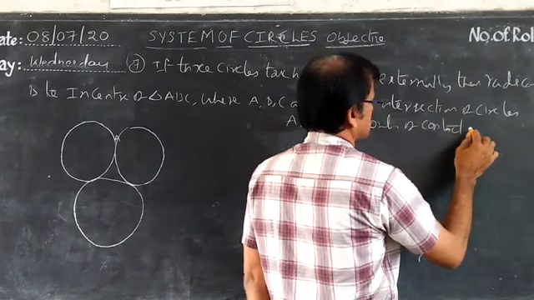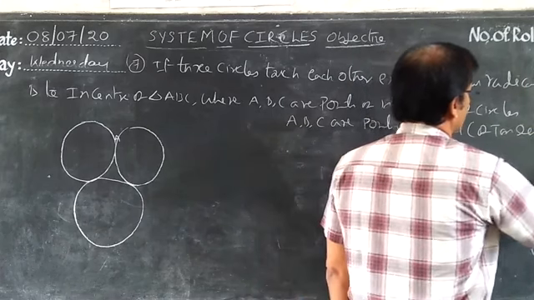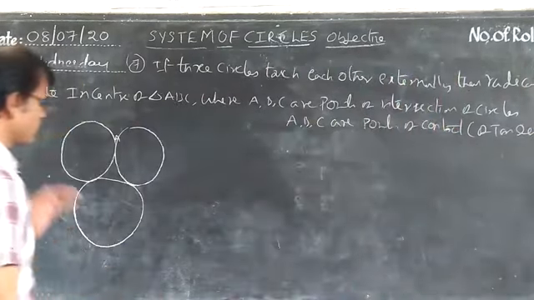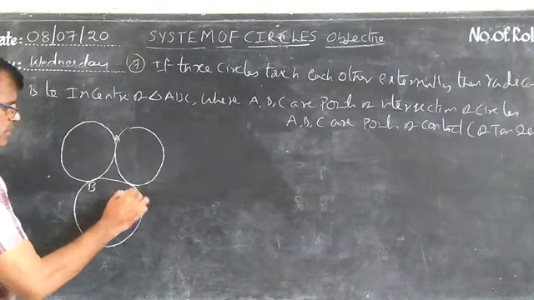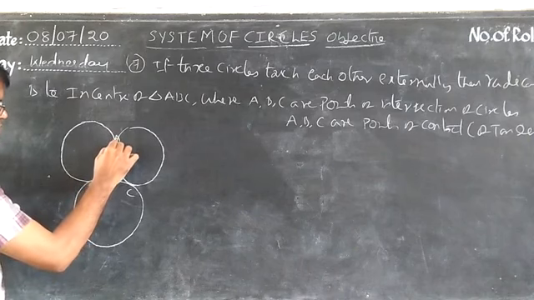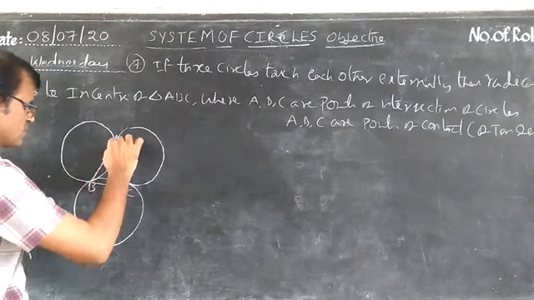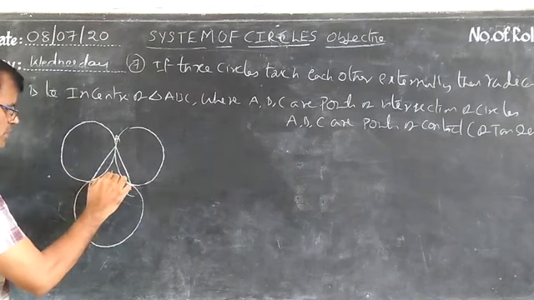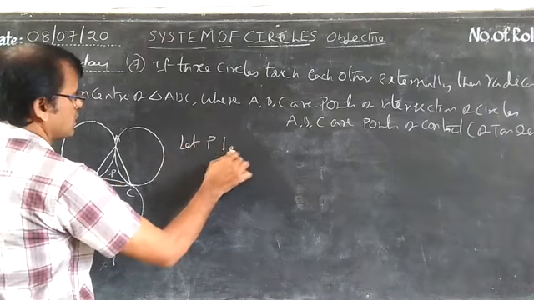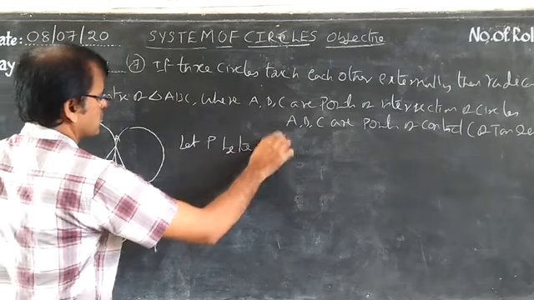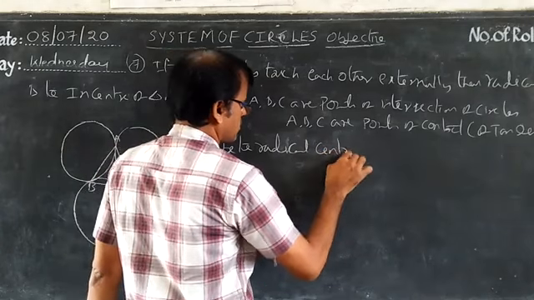Points of contact of tangents also you can write, because whenever two or three circles touch each other, at the point of contact you can draw a tangent like this. Now let P be the radical center.